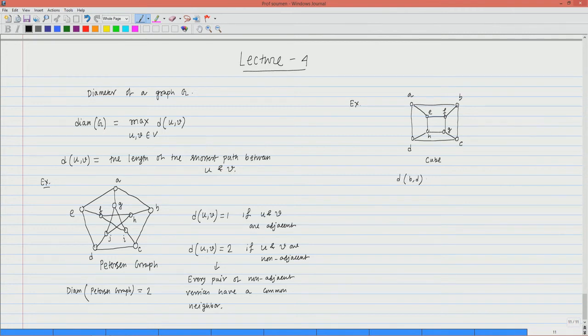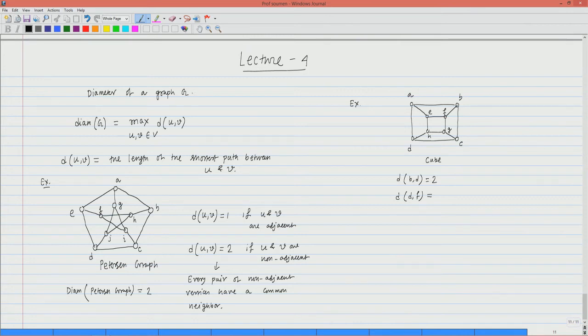Now, the distance between D and F is equal to 3 because this is the shortest path: D, H, E, F.